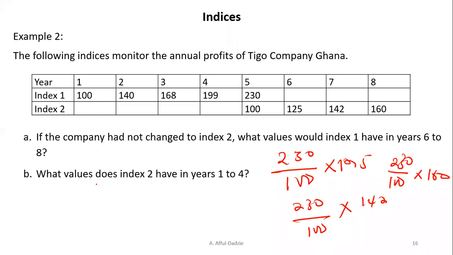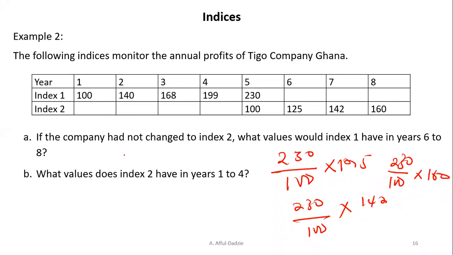The B part says, what values does index 2 have in years 1 to 4? Now we are reverting from the new index to the old index, because we want to find the equivalent of this place. In this column, we want to find index 2.